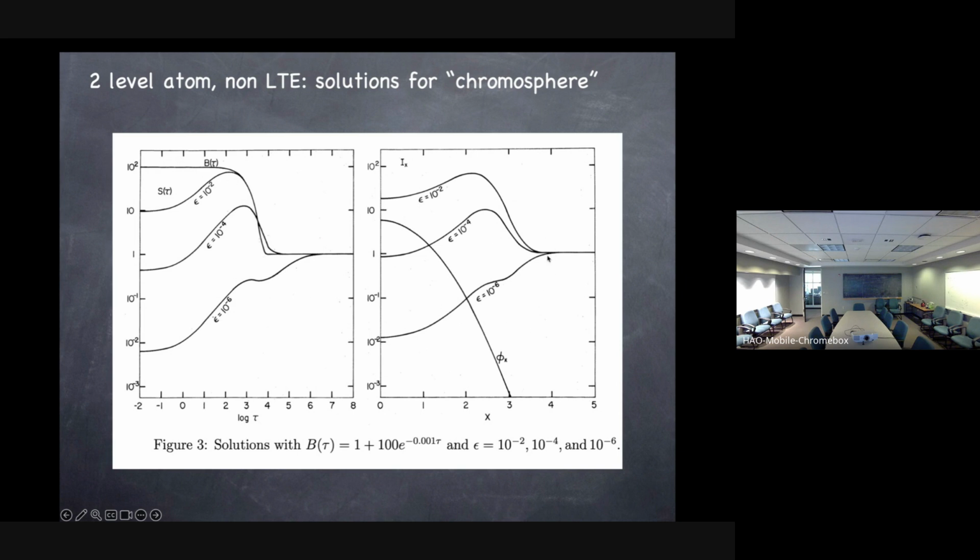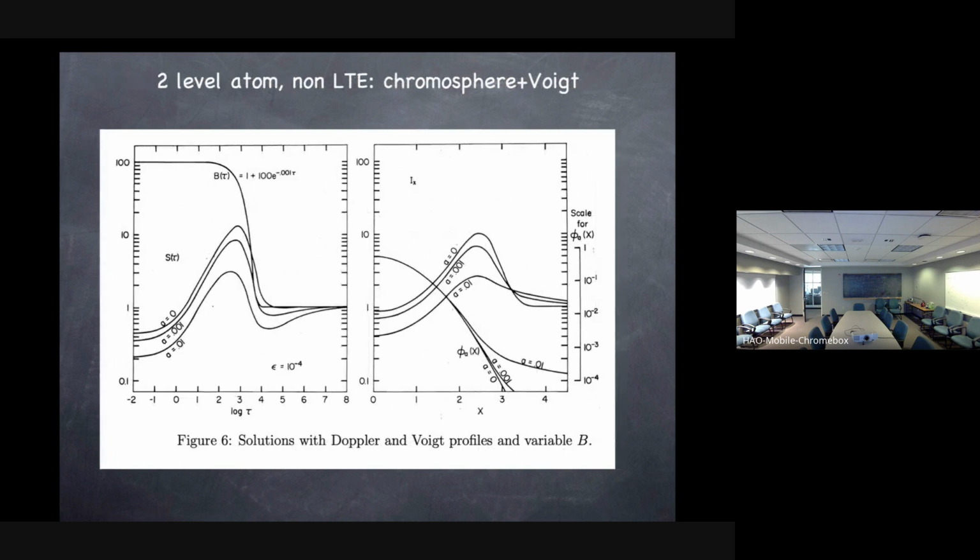That's because it's thermalized too deep. So it's thermalized in the photosphere, and now this has just a tiny bit of emission over and above what you'd expect for an ordinary isothermal atmosphere. So this is an example of chromospheric line formation.